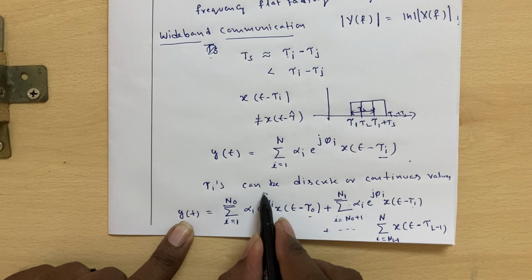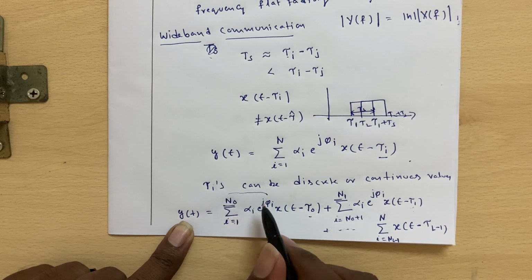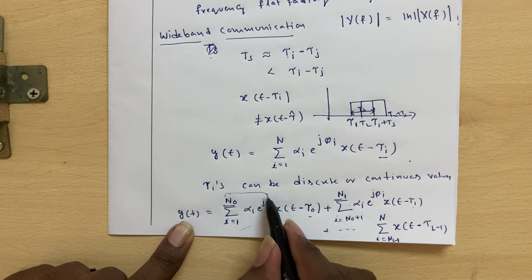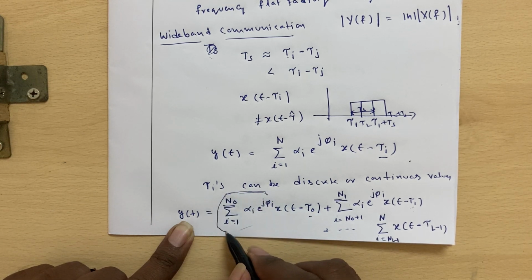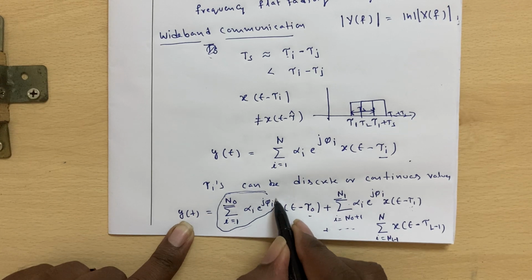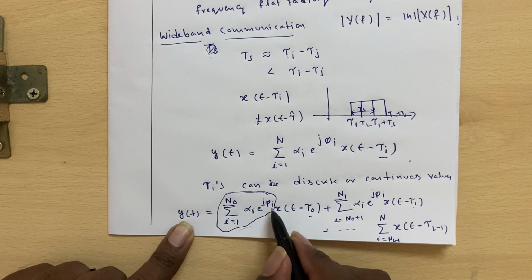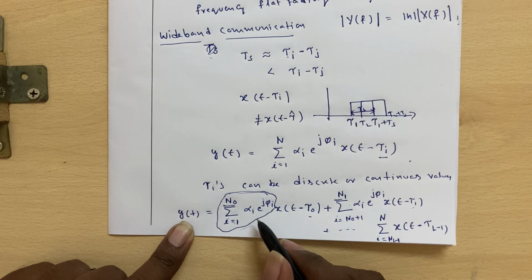So here also a large number of unknown random numbers are getting added, and by imposing the central limit theorem, you can take this as a zero mean complex Gaussian random variable or a non-zero mean complex Gaussian random variable.